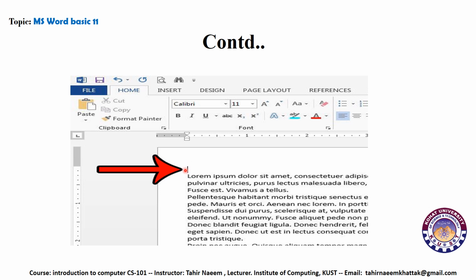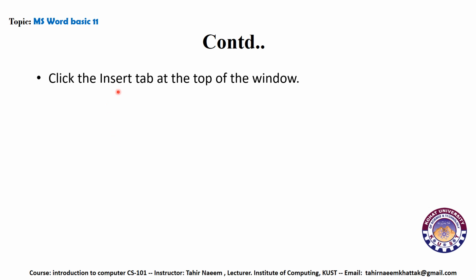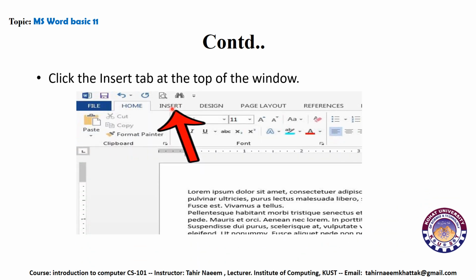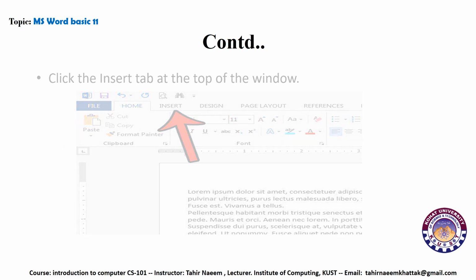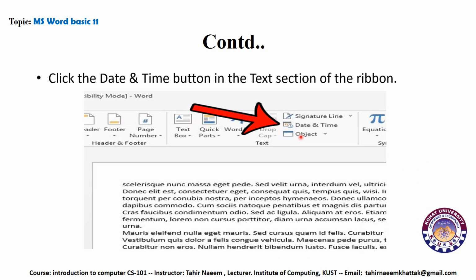As you can see, the cursor is blinking in this place because we want to put the date in this area. Then we will click on the Insert tab at the top of the window. Then we will click the Date and Time button in the Text section of the ribbon. So here we go to Date and Time.